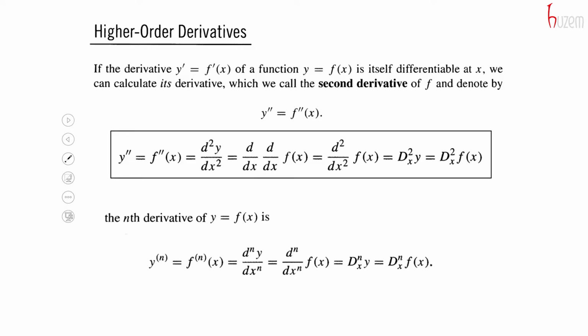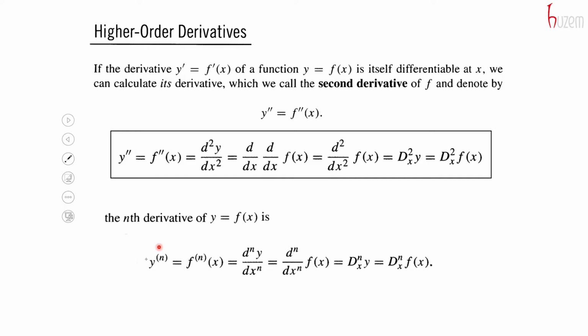Similarly, we can talk about the third derivative as being the derivative of the second derivative, and so on. Since using double prime and triple prime will be difficult when the order of the derivative increases, instead we use y to the power n in parentheses in order to distinguish it from the nth power of y.